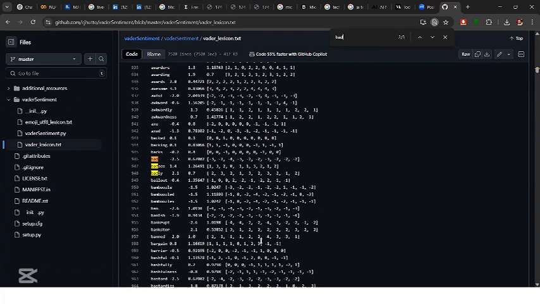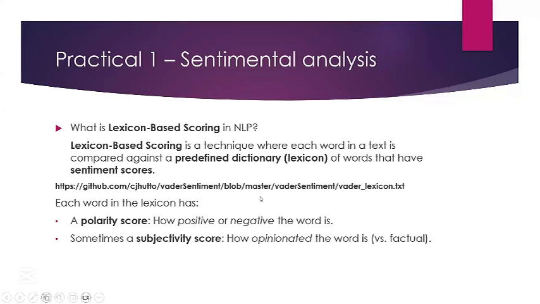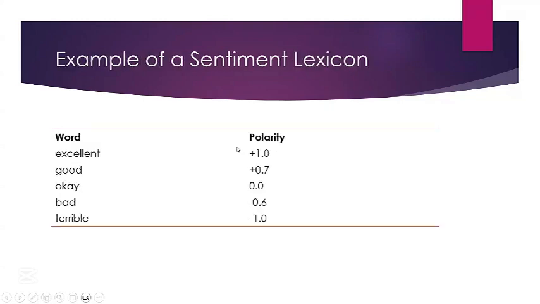Using this library, I am going to create a small sentiment analysis program. The idea is, as I said previously, that I take a paragraph first, then chunk that paragraph into smaller words.